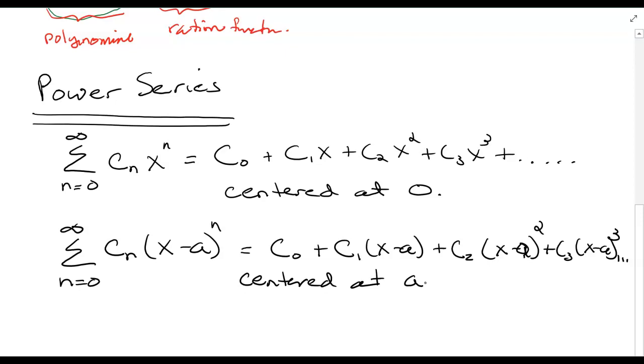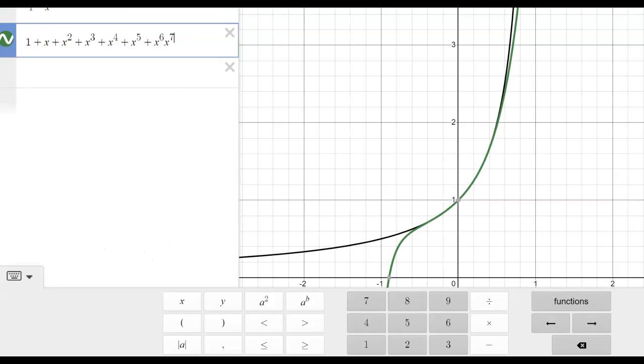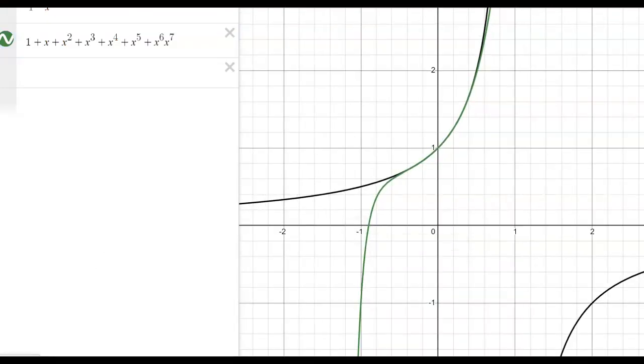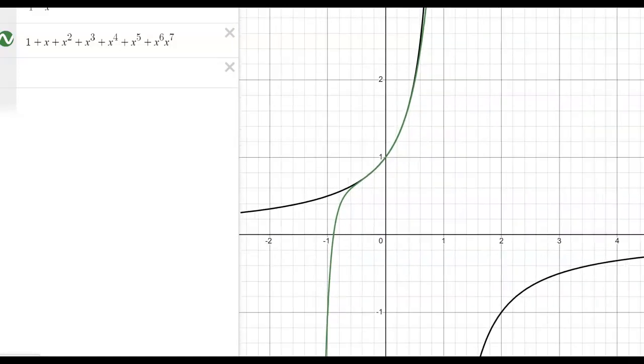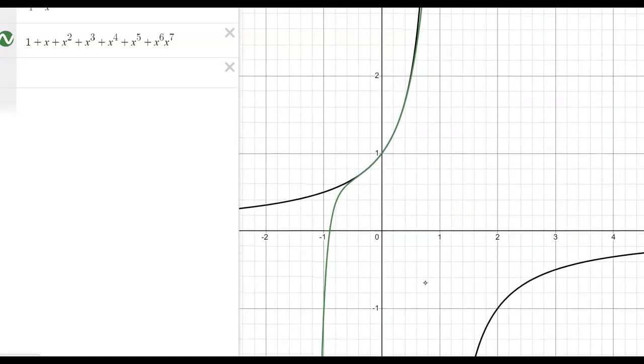And that's going to give you a shift left to right. So if your a is actually a positive value, so if you have x minus 3, let's go back to our function for a minute. If this were x minus 3, then you'd have to come over here to where the 3 is, and it would actually be around this part of your graph, if we're centered at 3.